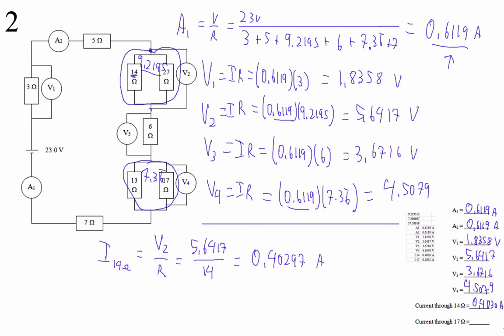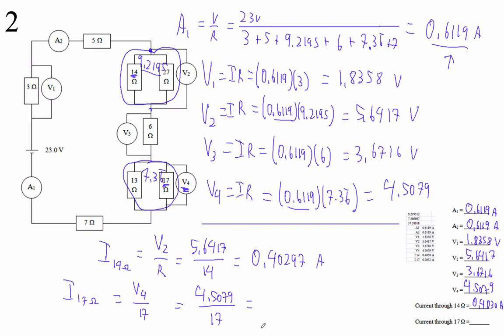All right. And then the current through the 17 ohm, it's right here. It's going to be whatever the reading is on this meter divided by 17. So I through the 17 ohms is V4 divided by 17. Just V over R, right? And then V4 is 4.5079, and then divide that by 17.